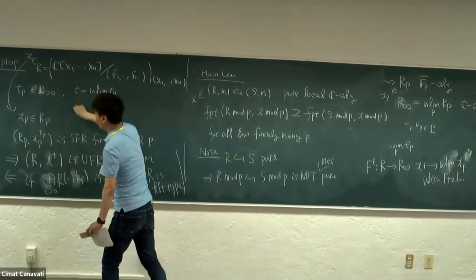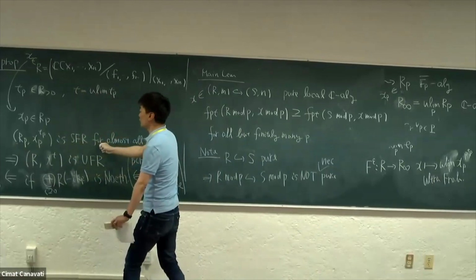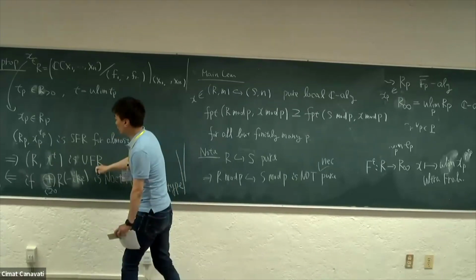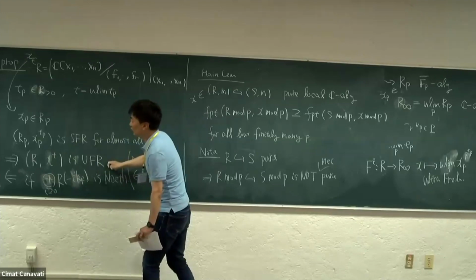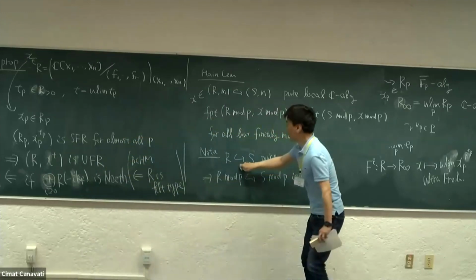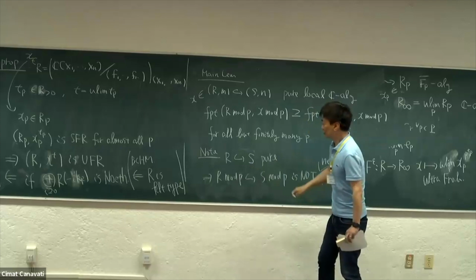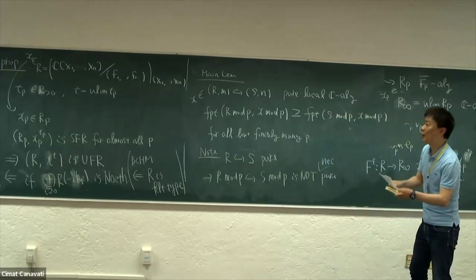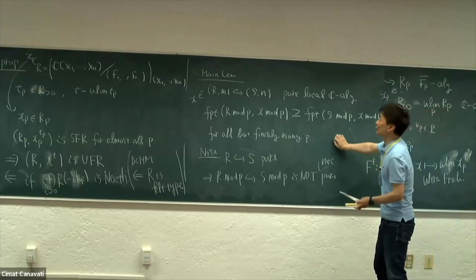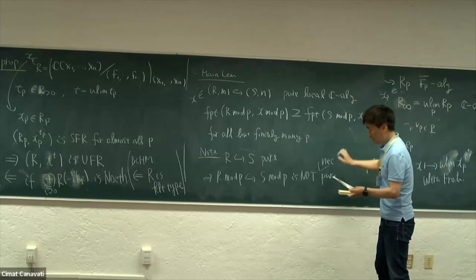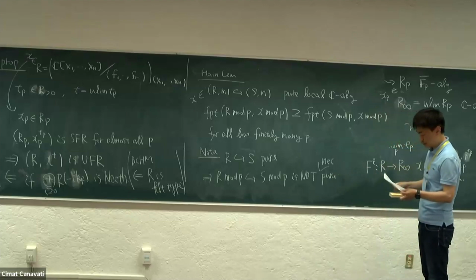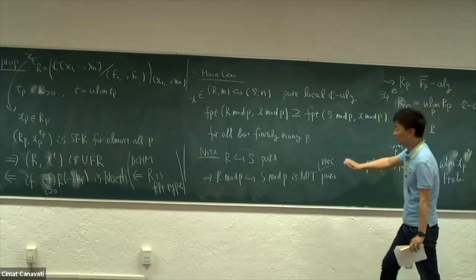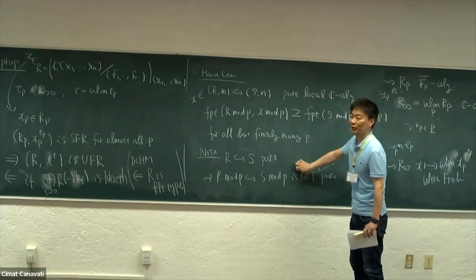Then, using this proposition, we can again interpret the condition in terms of ultra-regularity. The advantage of ultra-regularity is that these are defined in characteristic 0, and we have a pure morphism from R to S, so in characteristic 0 we use purity. Sorry, I don't have enough time to explain the details of the main lemma. I prepared it, but I don't have time. But this fact is the reason why I use ultra-regularity.